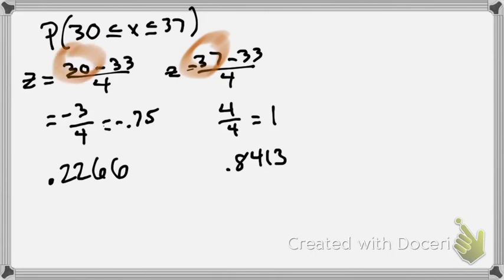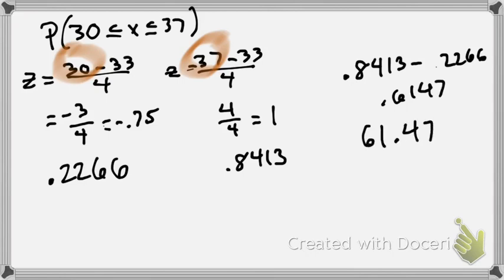So I'm going to do the big one minus the small one. 0.8413 minus 0.2266. When I do that math, 8413 minus 2266 is going to be 0.6147. So that's going to be 61.47%. So that tells me that the percentage is going to be 61.47% that someone was in between 30 and 37.